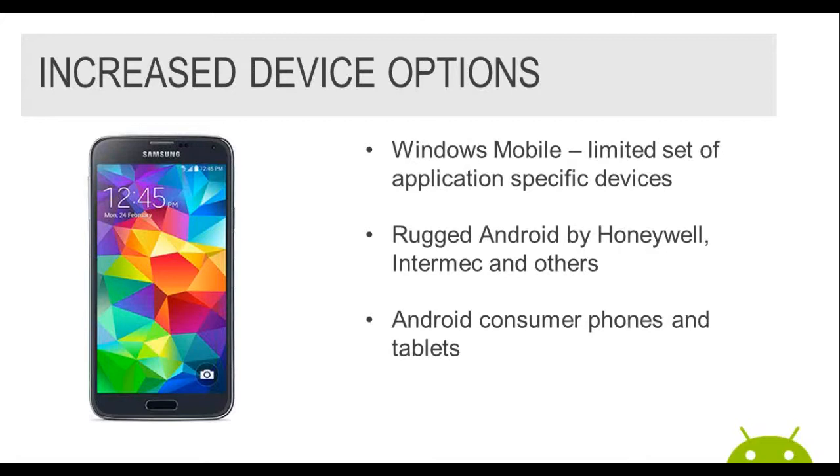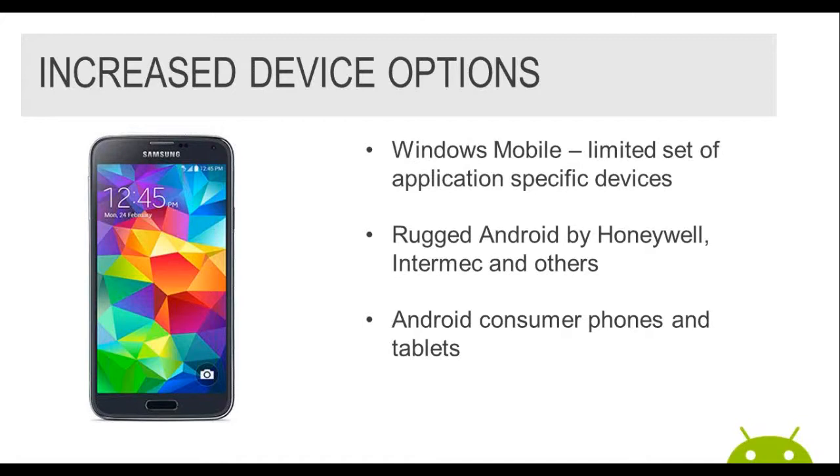And then likewise, MobileConductor for Android is not built specifically to just run on one set of devices. The consumer-grade devices that are out there, phones and tablets, MobileConductor can run on those as well. Pretty much anything that's running Android version 4 or better can be supported with MobileConductor.